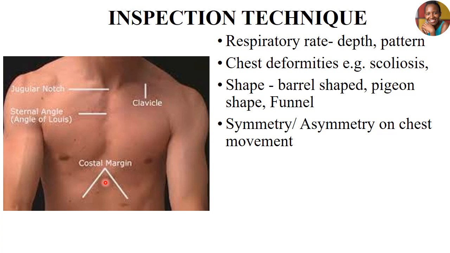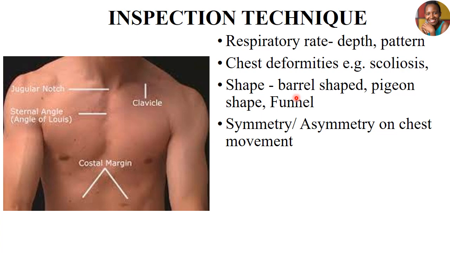Then you're able to see shape changes of the chest. For shapes, you need to appreciate that apart from our normal chest shapes, you can also have abnormal chest shapes that are indicative of changes of diameters around our chest. These shapes can come along like the barrel chest, the pigeon chest, and the funnel chest.